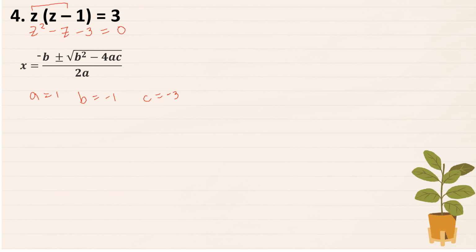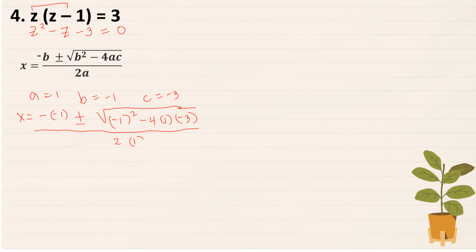So to use the formula, we have x is equal to negative times negative 1 plus minus the square root of B, which is negative 1 squared, minus 4 times A, which is 1, and C, which is negative 3. Okay, this will be all over 2 times 1.